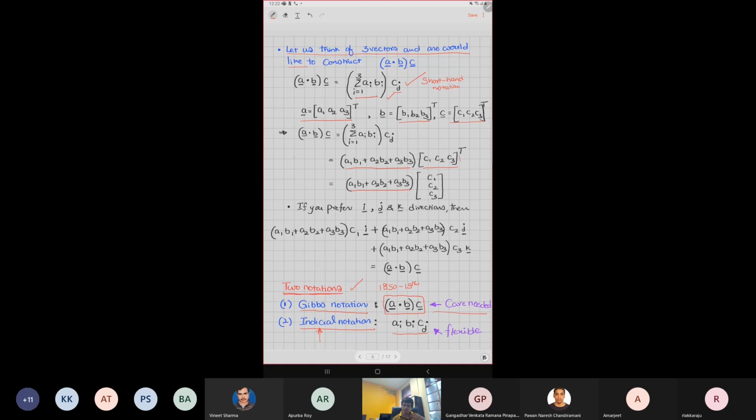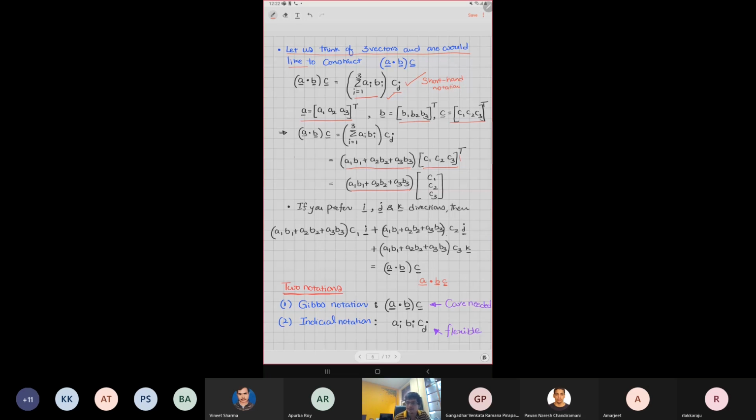The advantage of using indicial notation is you don't have to remember parenthesis. You don't have to be very careful like in Gibbs notation. For example, let me show you what I mean. I'm going to put A dot B multiplied by C. This is the thing I'm going to write.